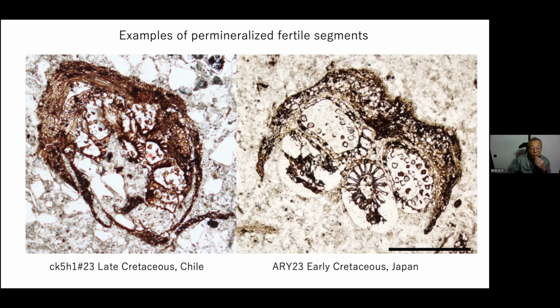And finally, I will show you the preliminary result of our phylogenetic analysis using the molecular phylogeny and the fossil data. The left is an example of the late Cretaceous segments containing sporangia and spores. And the right one is from Japan, early Cretaceous material.